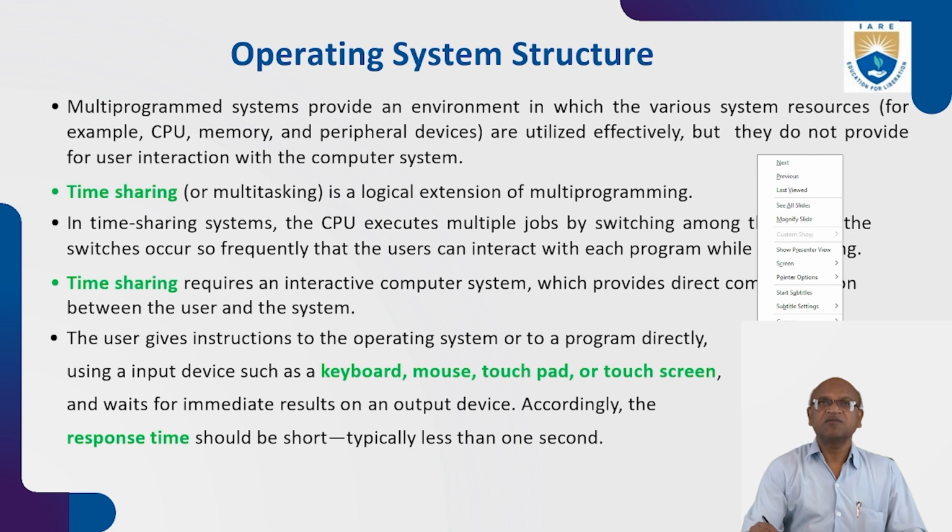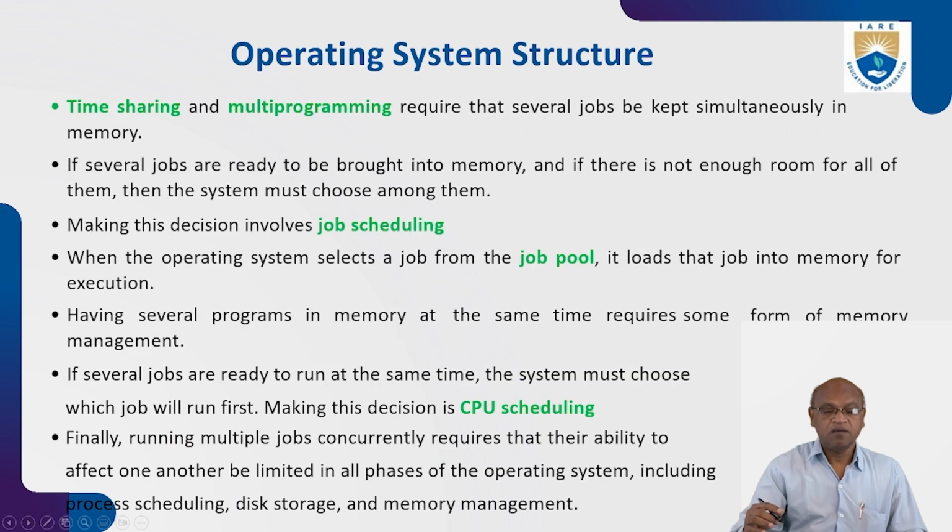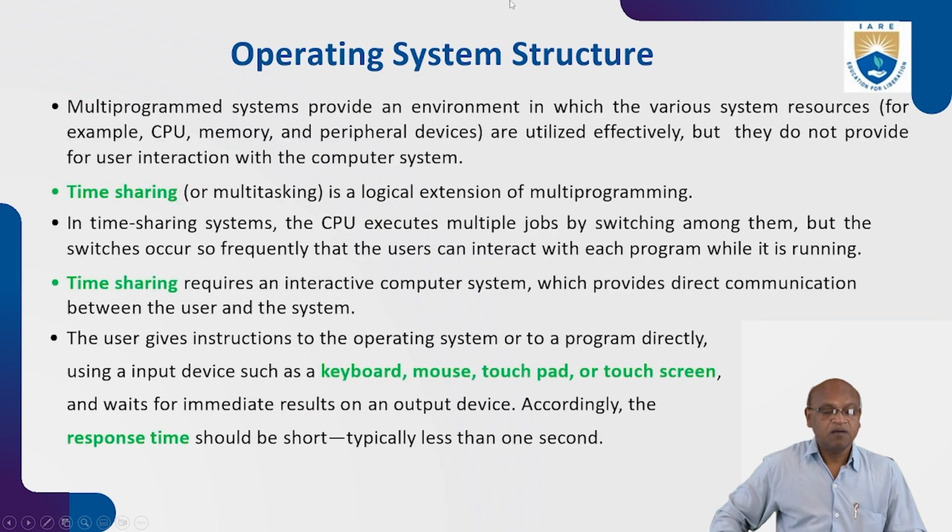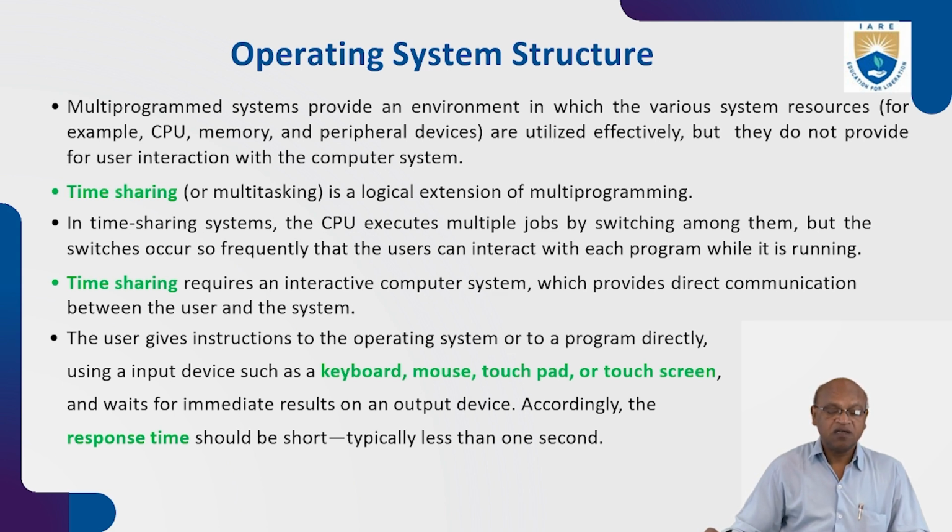In a time sharing system, the CPU executes multiple jobs by switching among them, but the switches occur so frequently that users can interact with each program while it is running.